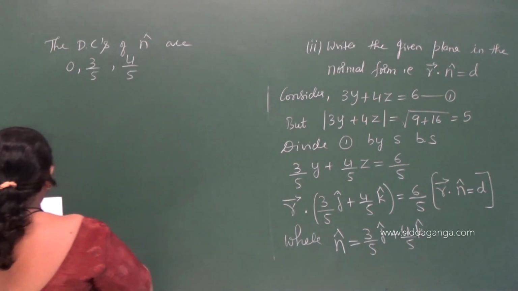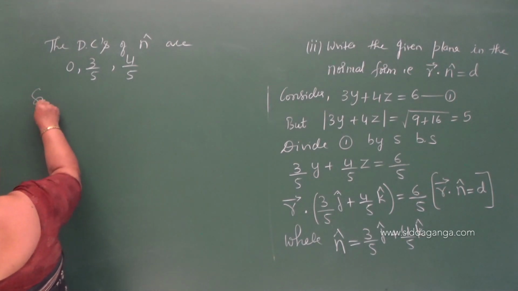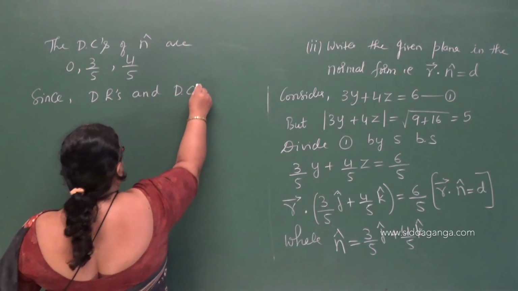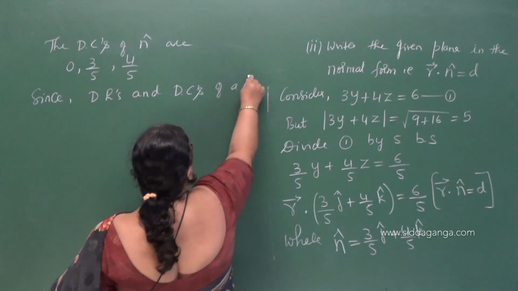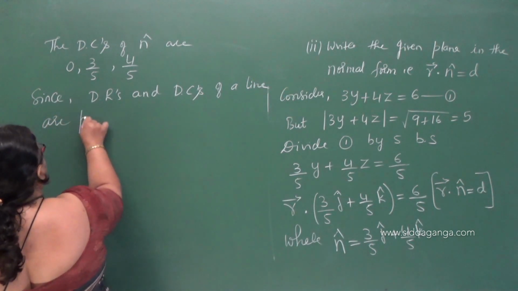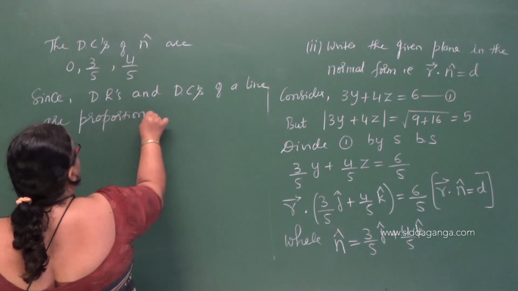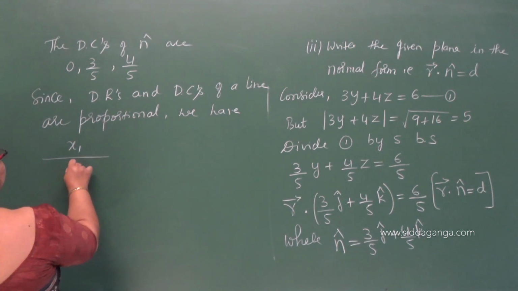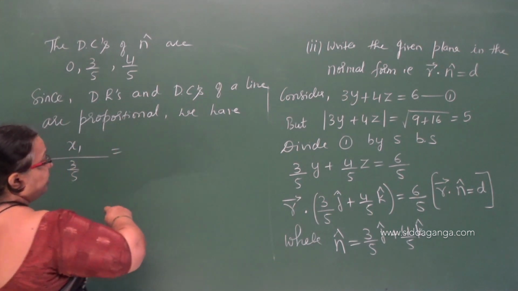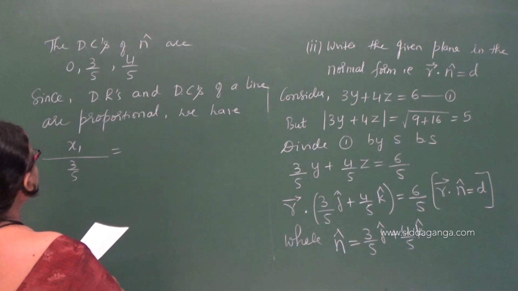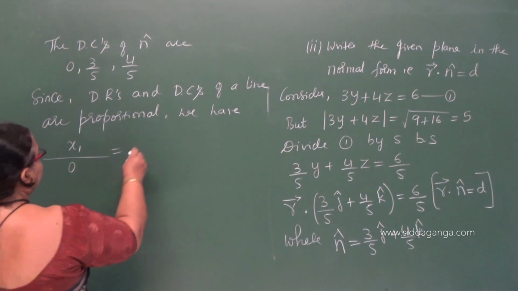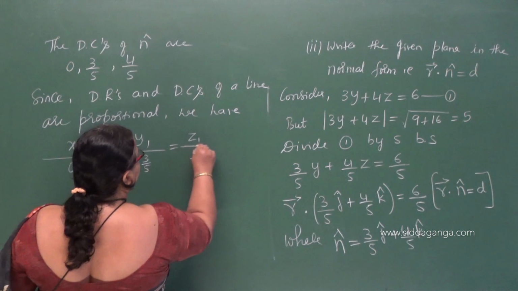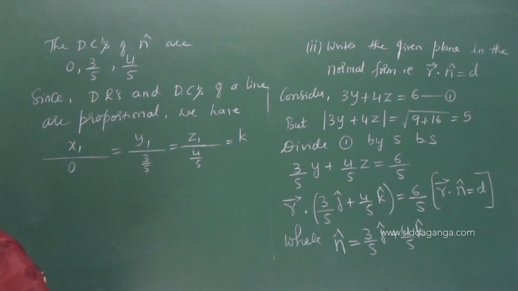So next, we know that since direction ratios and direction cosines of a line are proportional, we have x1 divided by 0, that is, x1 here has direction cosine 0 since there is no 3 by 5 there, equal to y1 divided by 3 by 5 equal to z1 by 4 by 5. Let it be equal to some constant, that is k.